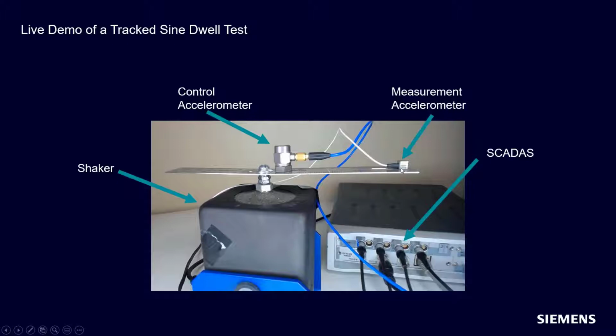And so when we run our test, we know that we need a millimeter of displacement, for example, to get our point on the Wohler curve. Now, you might ask yourself, why not just control off of strain? Well, the problem controlling off of strain is, of course, strain gauges don't tend to survive the entire length of a sine dwell test.